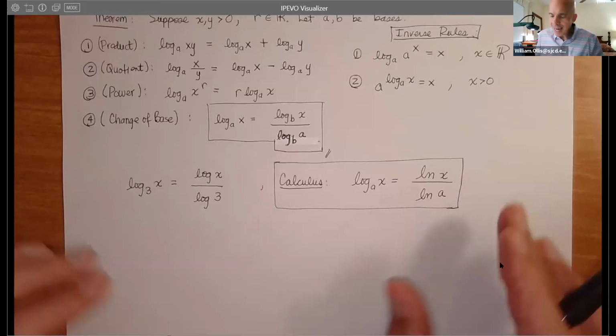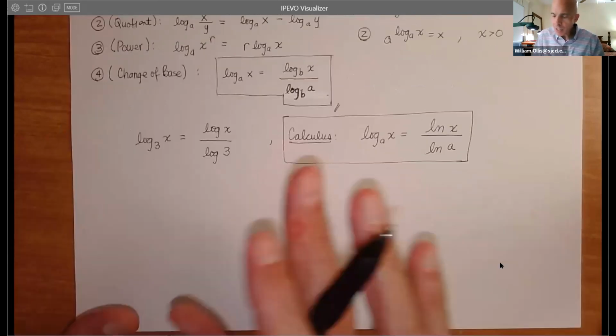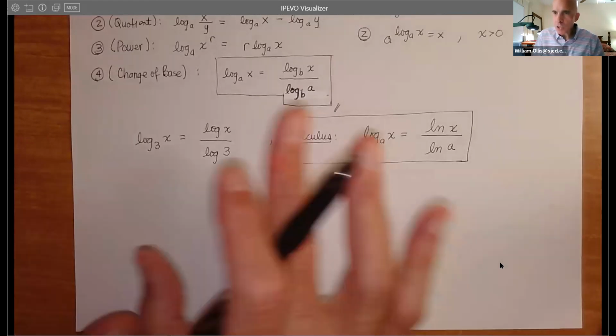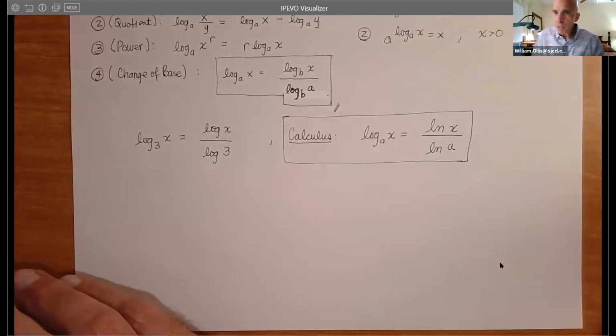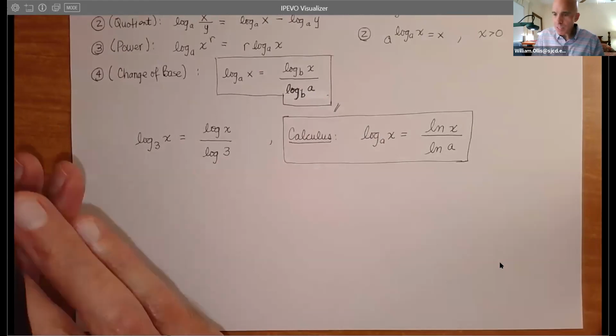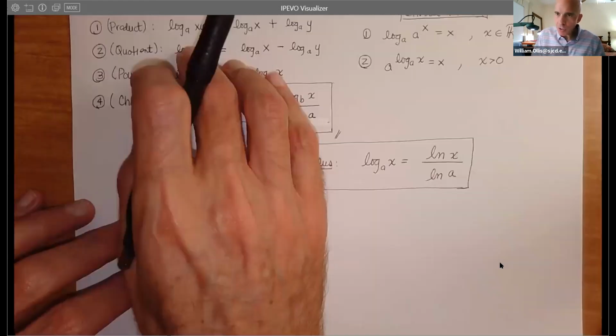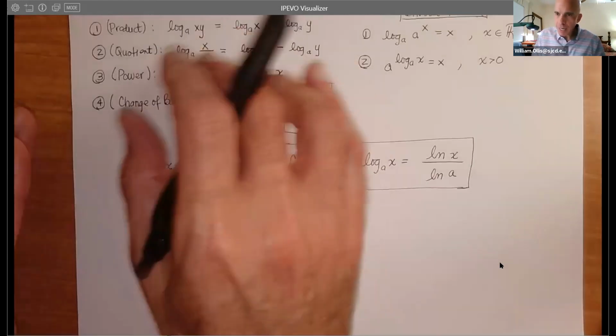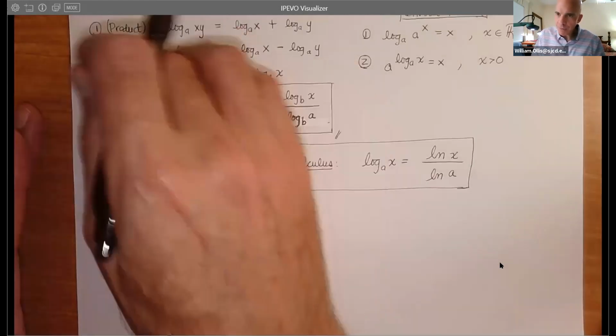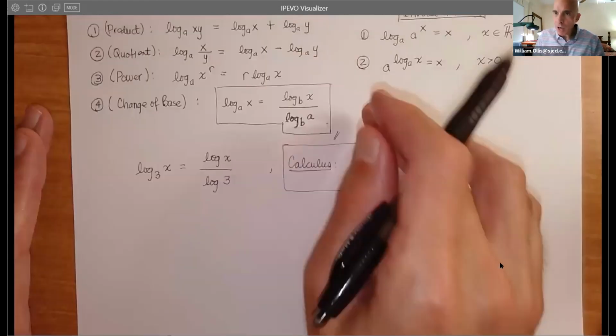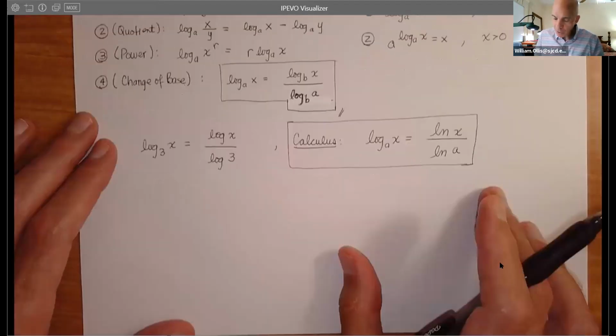Now, something that I actually haven't done yet is maybe use the definition of logarithm to solve some very simple equations. That's what we're going to spend time on Thursday. We're going to use some of these to do some basic computations, and then use the power of this with the definition of logarithm to solve more elaborate equations.